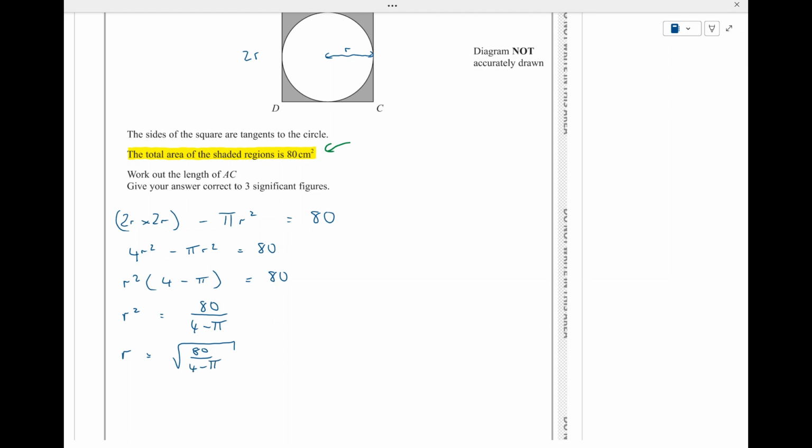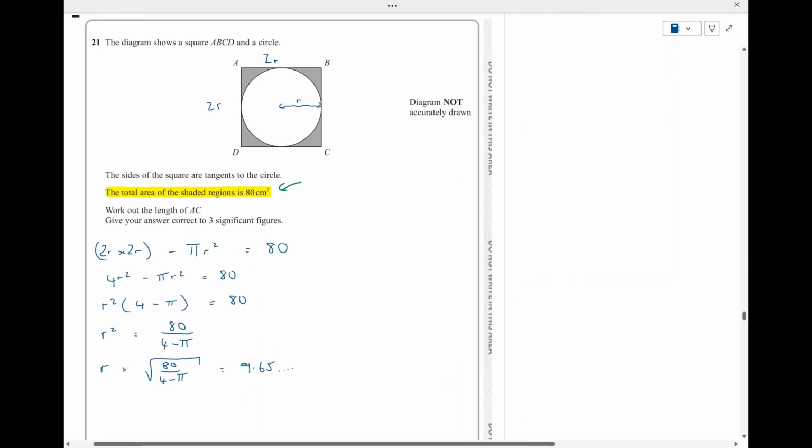Now if I put that into my calculator, 80 over 4 minus pi, that equals 93, square root that, and I get r is 9.65, and so on.